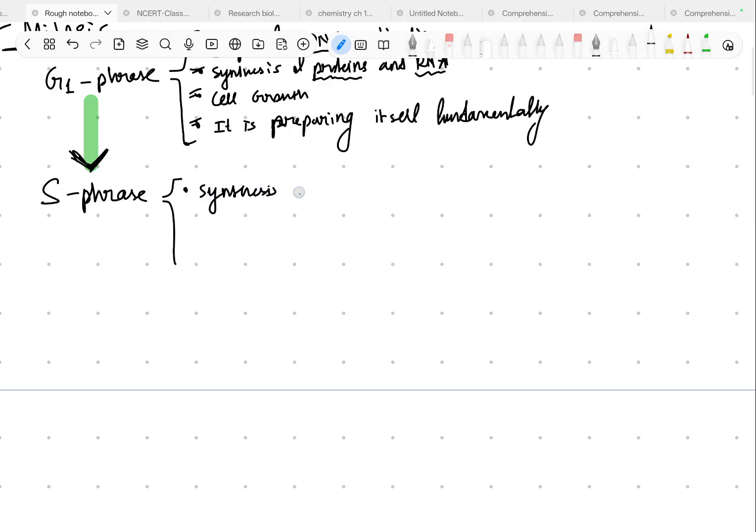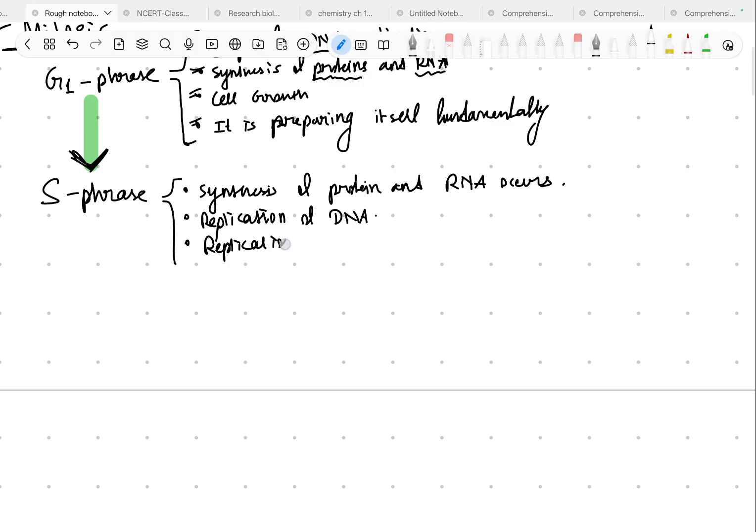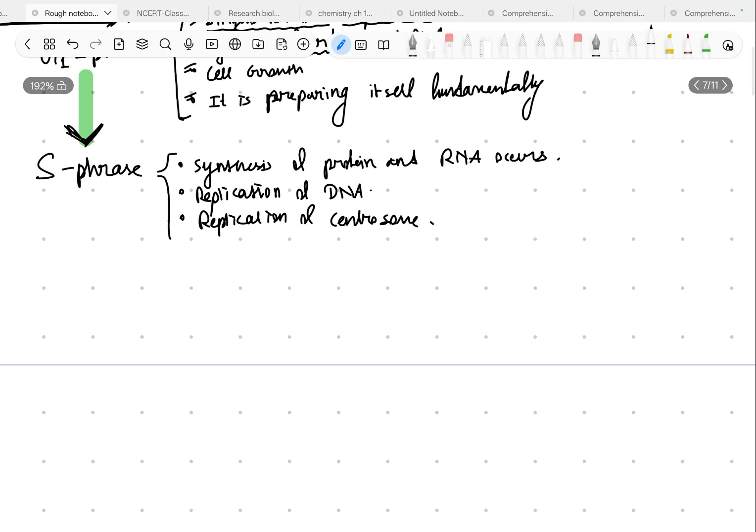Synthesis of protein and RNA occurs, replication of DNA, then replication of centrosome.